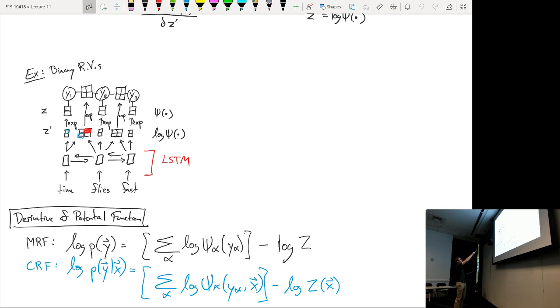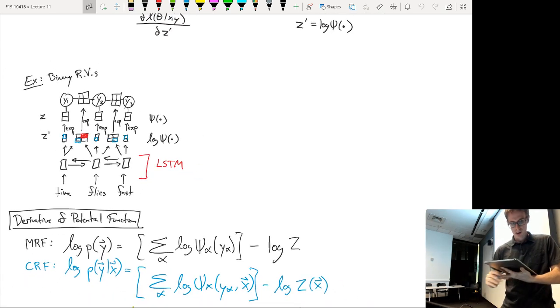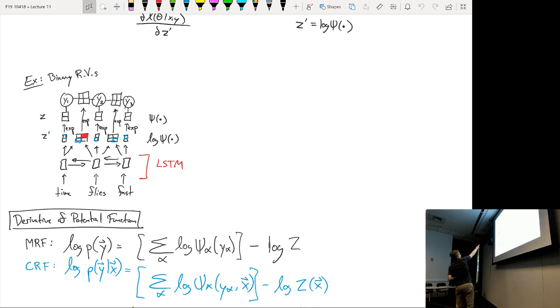So in this case, these blue values correspond to some assignment to y1, y2, y3, and to get the actual log probability, what we're doing is just adding up those log factor values.